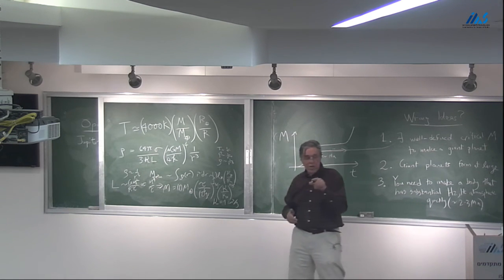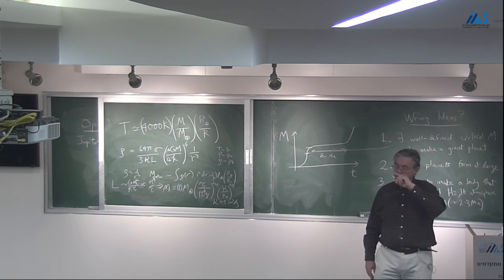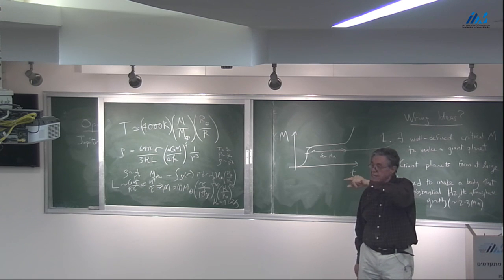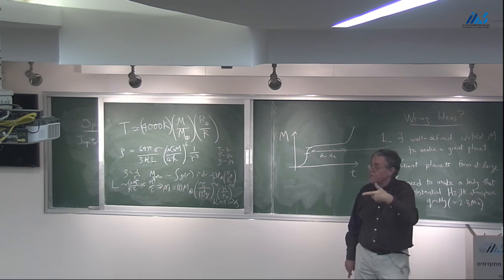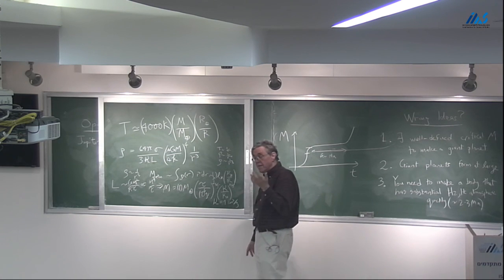Now, you saw earlier in the school, I forget who showed it, maybe Dave Charbonneau, I'm not sure, a plot of the density as a function of time, fitted to an exponential. Data don't require an exponential, but if it were an exponential, you might have to go out to many, many e-folding times.